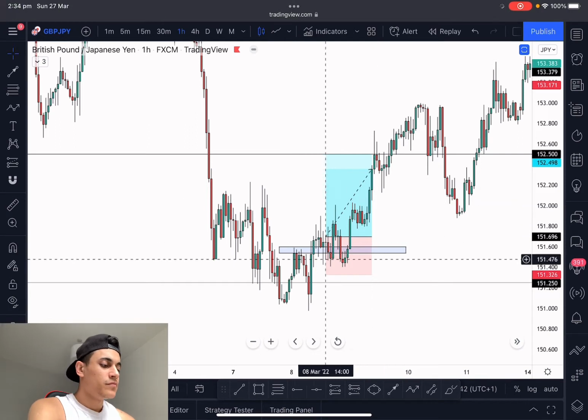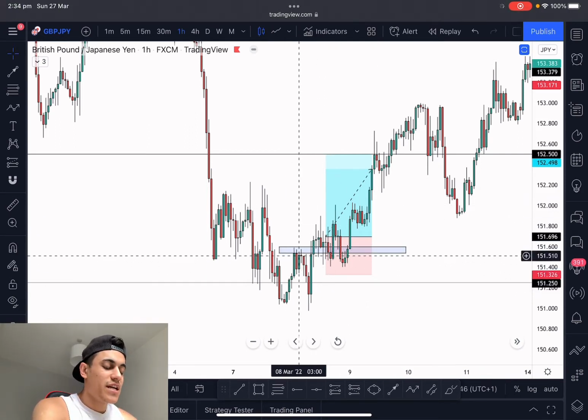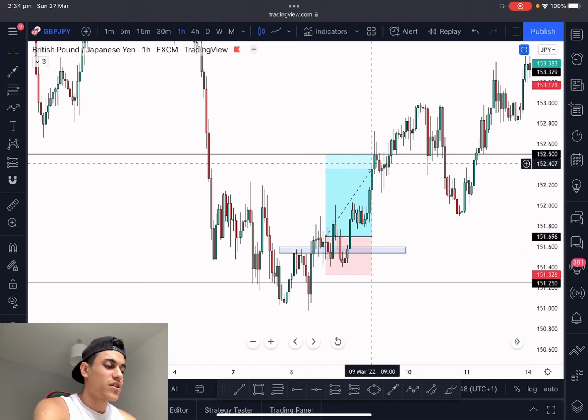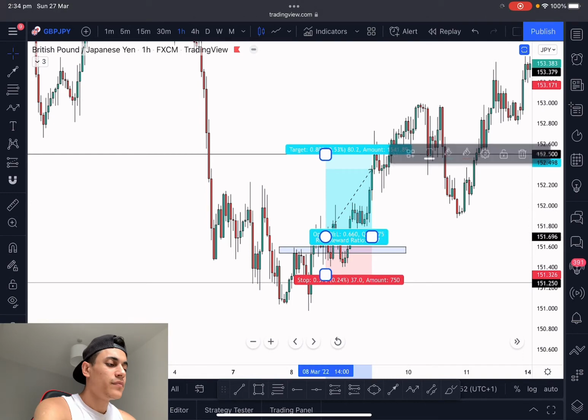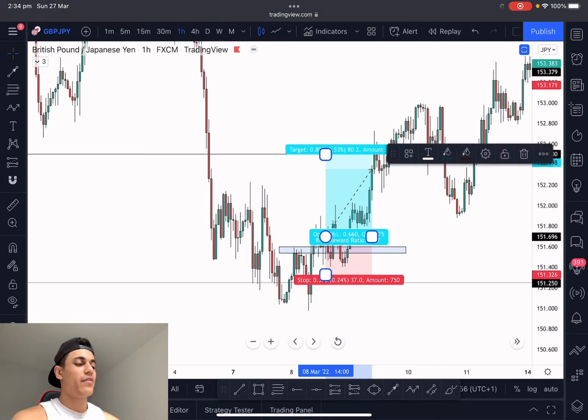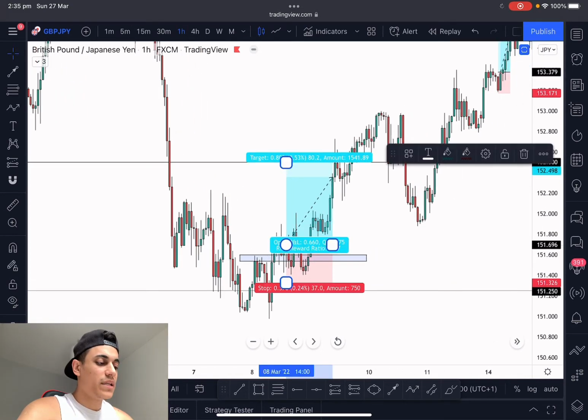So market comes up, comes back, retests this previous structure as a level of support, and then starts going in your favor. I was targeting my 150.500 level with about 80 pips. I made 80 pips on this trade. Very lovely, beautiful trade, even though I was in a bit of drawdown, but no big deal. And this trade was a 1 to 2.